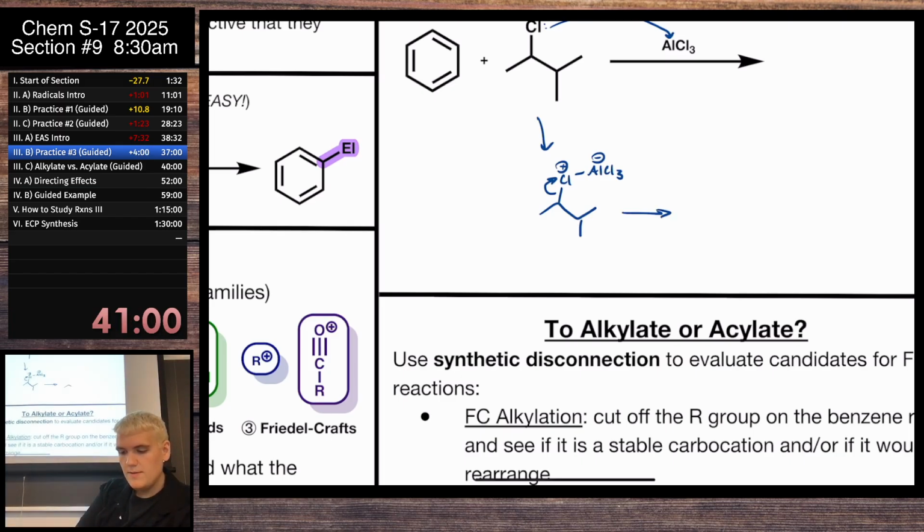So then what we get is this carbocation. Now at this point, what's going to happen? We got a secondary carbocation adjacent to a tertiary carbon. So the hydride needs to shift over, and what we get is this carbocation now.